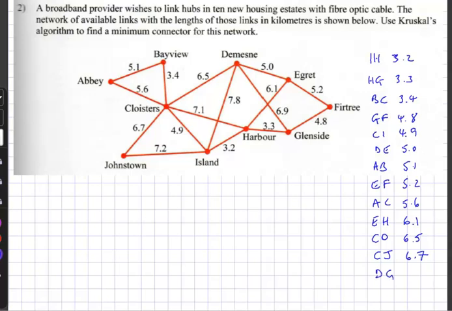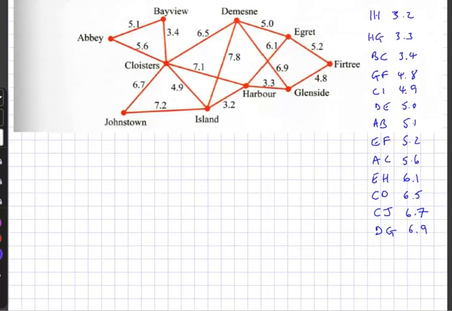And Domain to Glenside, which is 6.9. I'll run out of space in a minute. I've got Cloisters to Harbour, which is 7.1. Johnstown to Ireland, which is 7.2. And Domain to Ireland, which is 7.8.